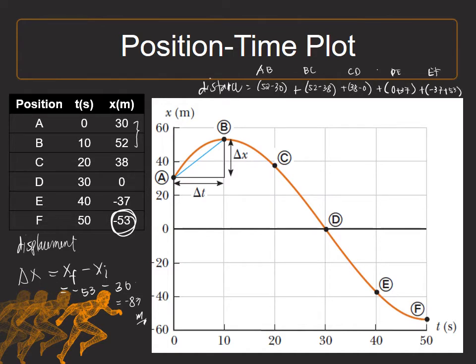Baka nagtataka kayo. Maybe you are wondering, sir, bakit? So in AB, should it be 30 minus 52? Yes, I was going to say it. Maybe you are wondering why is it in AB inuna ko yung 52. 52 is the minuend, nauna si 52, pero pagdating kay dito sa DNE, okay?